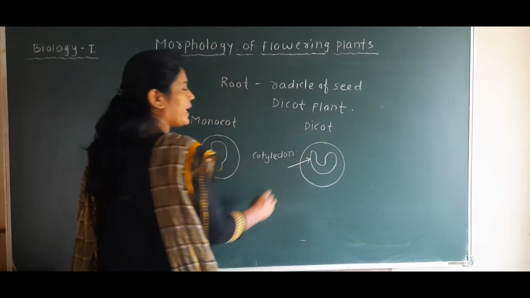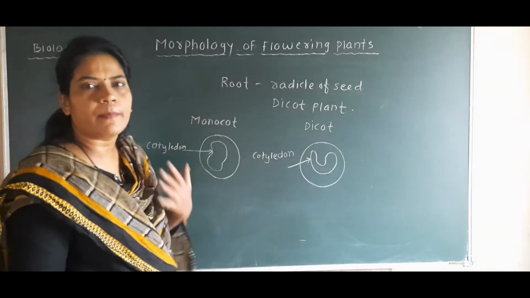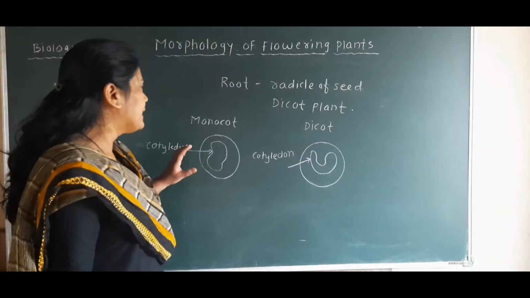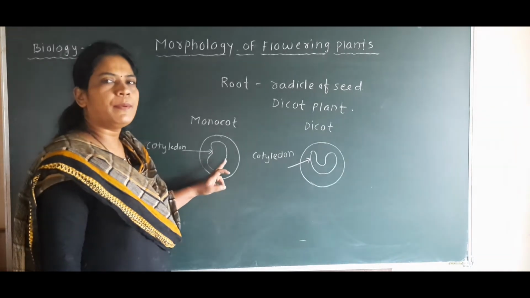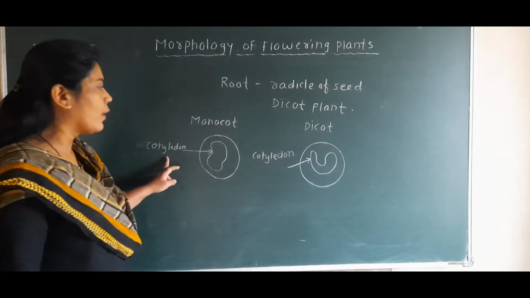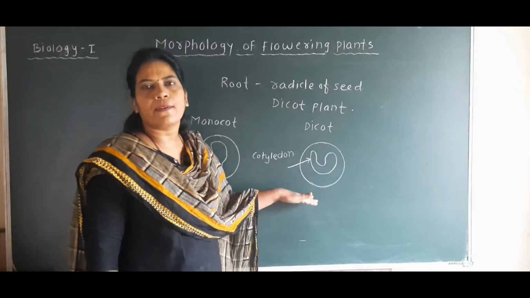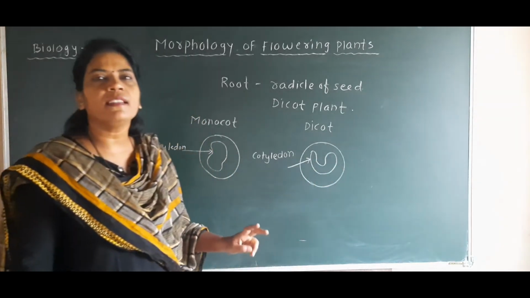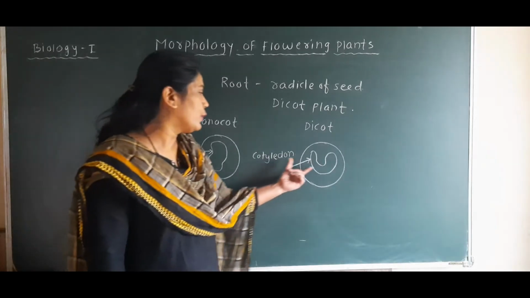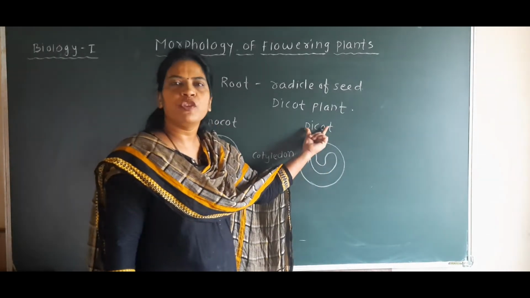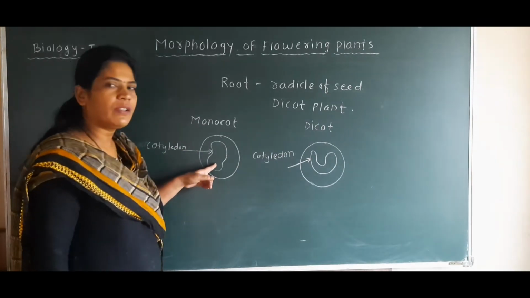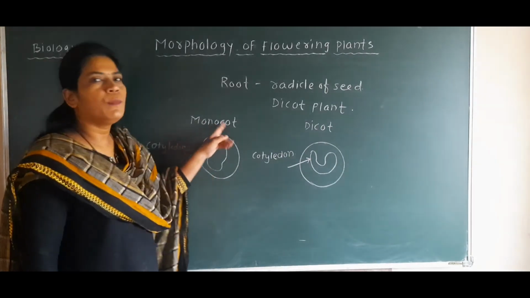Okay, so the major primary difference you have to remember between dicot and monocot seed is that inside the monocot seed, the embryo has only one cotyledon, while in the dicot seed, the embryo has two cotyledons, and by this cotyledon the name is given. Di means two, dicot plant, and when one cotyledon is present, it is a monocot plant.